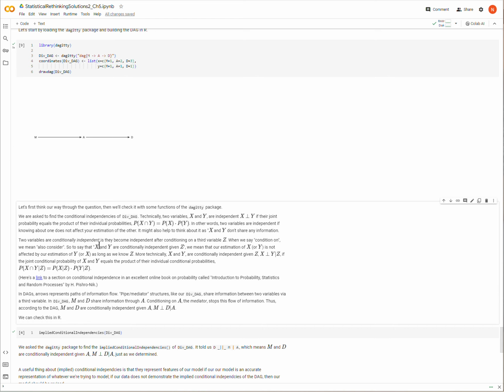Two variables are conditionally independent if, let me use an example, I can't tell you anything more about Y, even though I know things about X, as long as I know Z. Translating it to our DAG here, if M and D are conditionally independent, it would mean that although I may be able to tell you something about D if I know something about M, there's nothing more I can tell you about the relationship between M and D if I also tell you about A. That's kind of a mouthful.